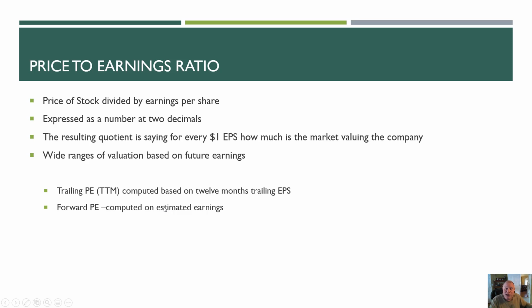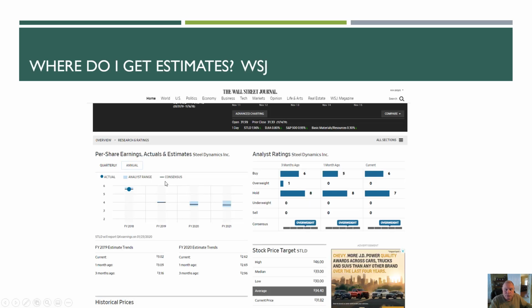So it's a ratio. We have both a numerator and a denominator. Where do you get the estimates? Well, if you go to the Wall Street Journal, you put in your stock symbol, and you're actually going to come out with, here are the estimated earnings. Make sure you hit annual. See this thing here, annual?